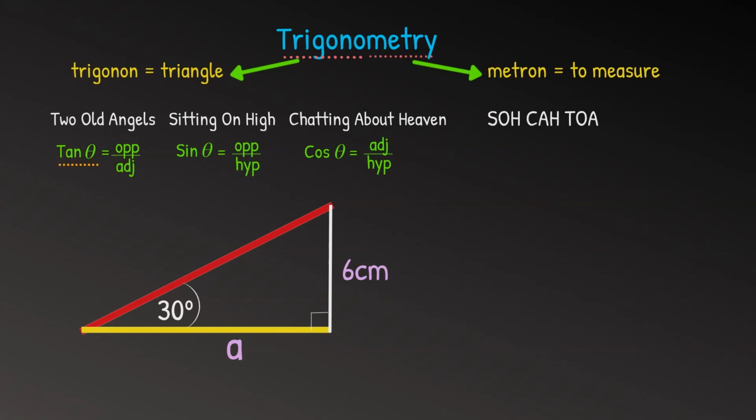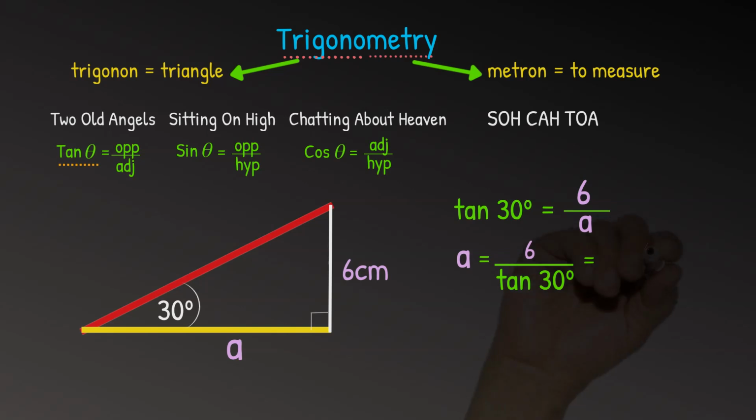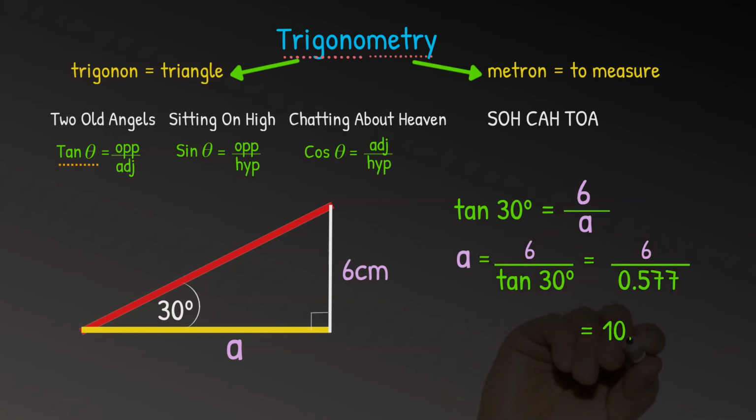So if we know that the opposite side is 6 centimetres long, we have the tan of 30 equals 6, the opposite side, divided by A, the adjacent side. This means that A is equal to 6 divided by tan 30, and if we work out that the tan of 30 is 0.577, that's 6 divided by 0.577, which is equal to 10.4 centimetres.